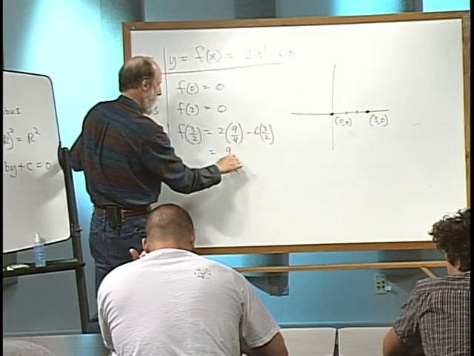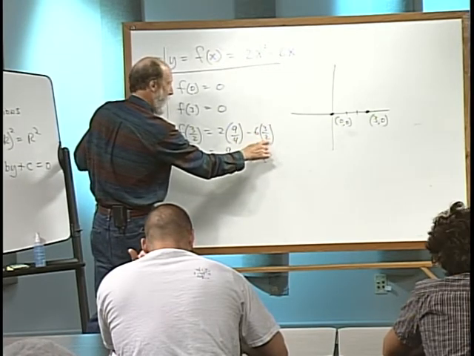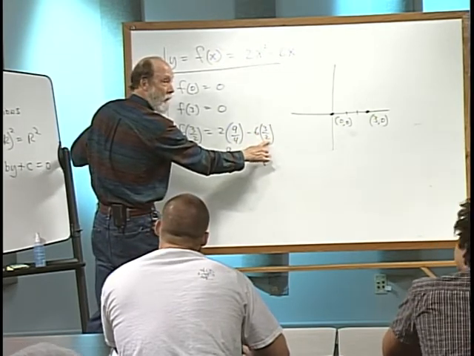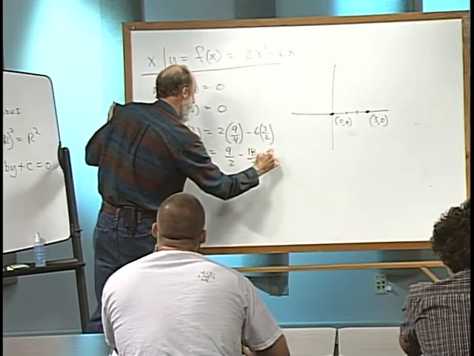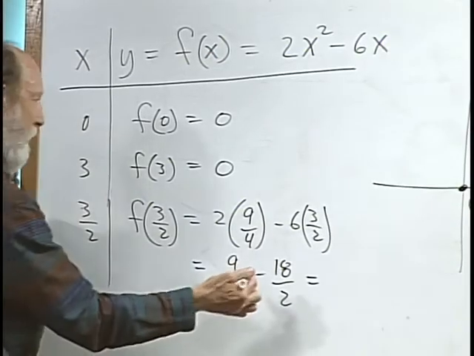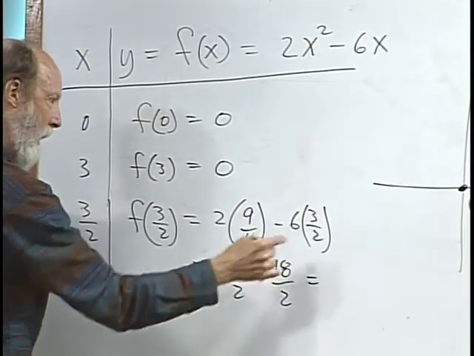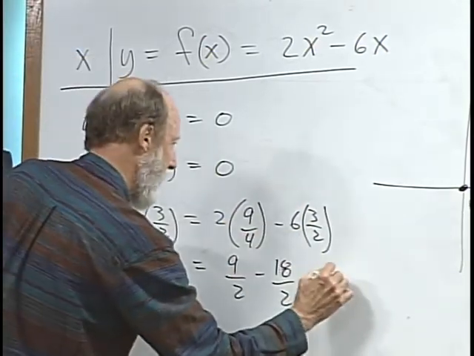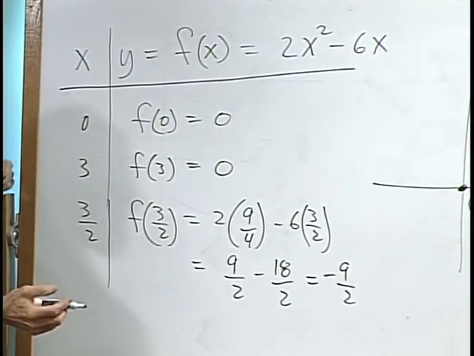But notice that I have 9/2 right here. Why don't I leave this with a fraction of a half? Halves in there. Minus 18/2, so that I can have a common denominator and see the result. So 9/2 minus 18/2 is negative 9/2. Where does that plot?